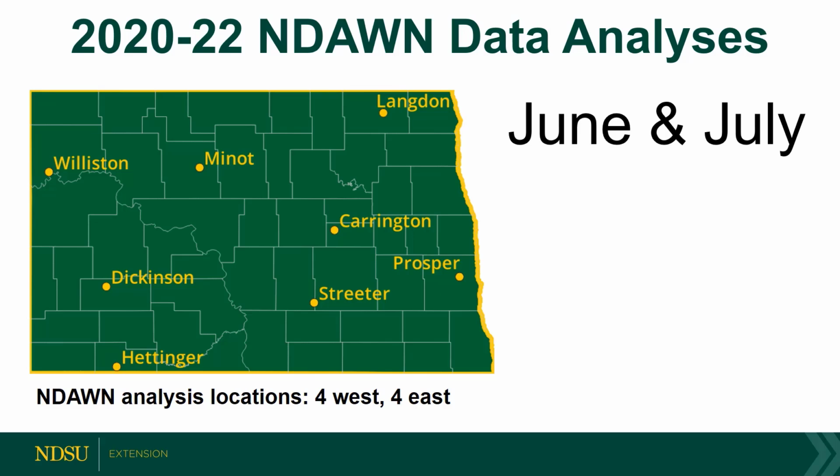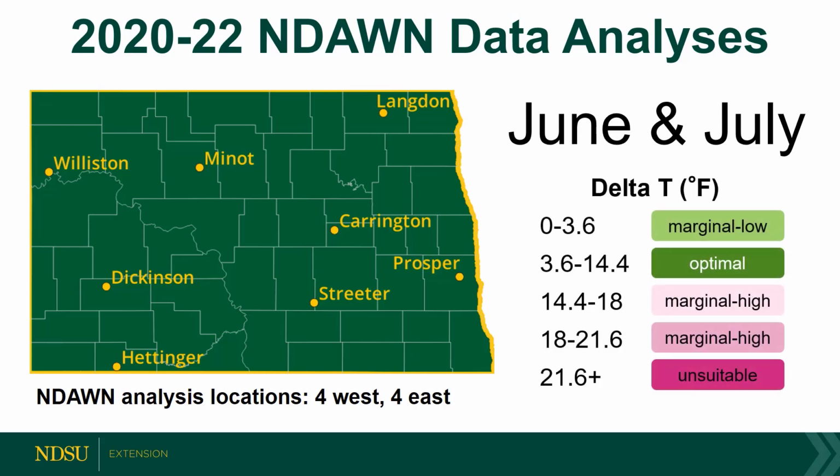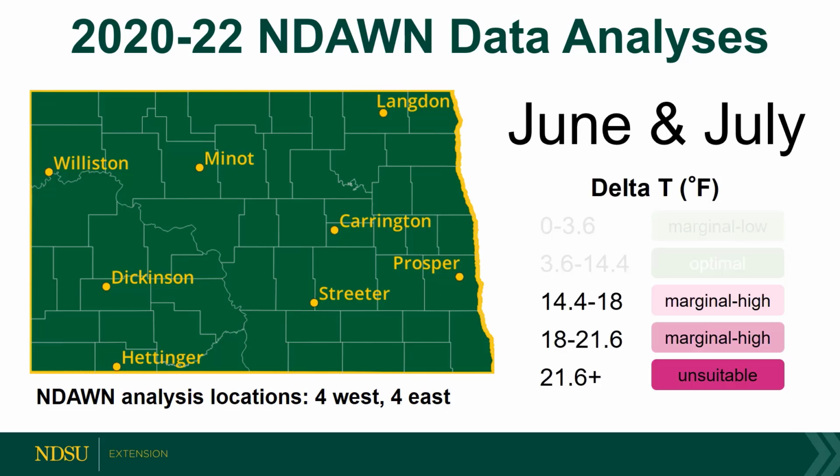I focused entirely on June and July, since these are the primary months for post-emergence pesticide applications, and looked at different levels of delta T, with optimal delta T in dark green, lower than that, the marginal low, in light green, and then above the optimum in different shades of pink.